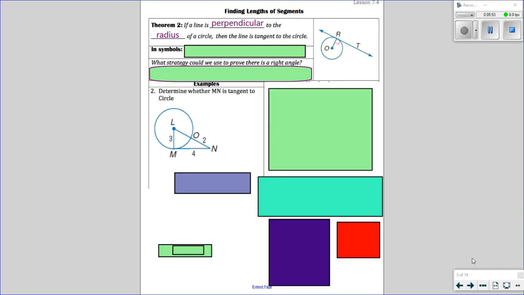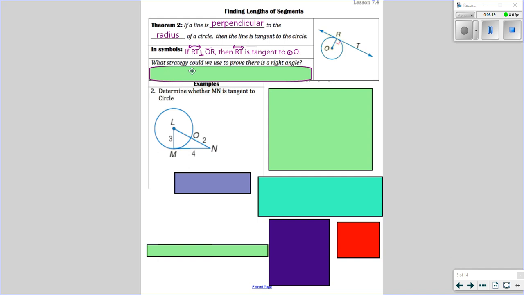This one is the converse, which is if a line is perpendicular to the radius of a circle, then that line is tangent to the circle. So that means TR is tangent to circle O. So in symbol form, you would write if line RT is perpendicular to segment OR, then line RT is tangent to circle O.